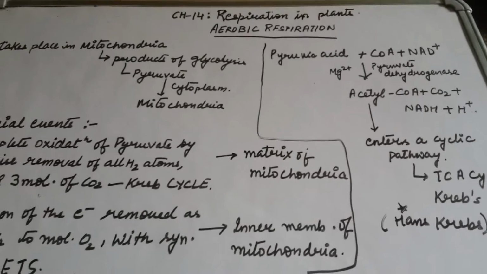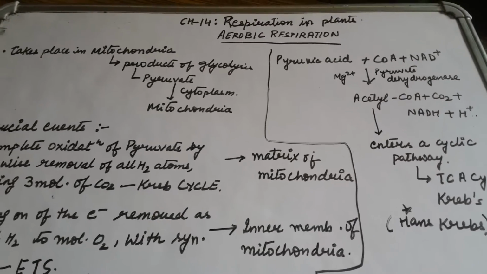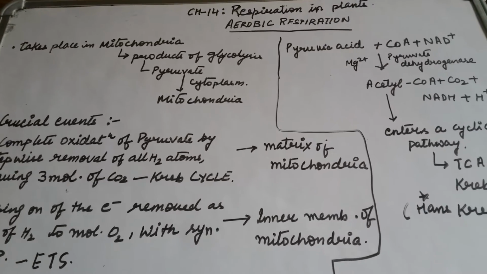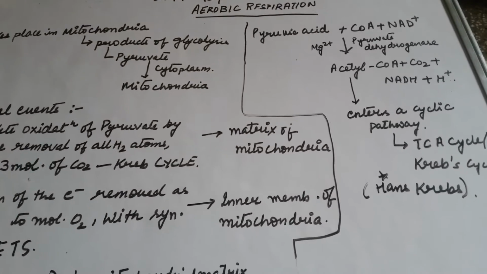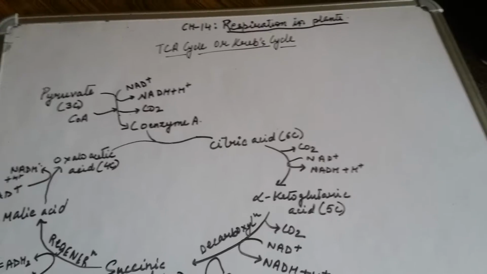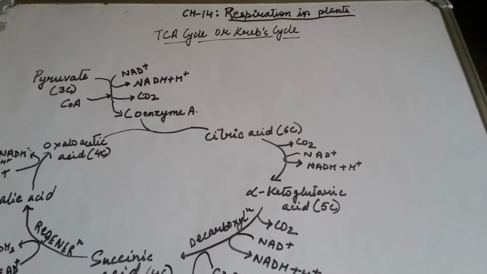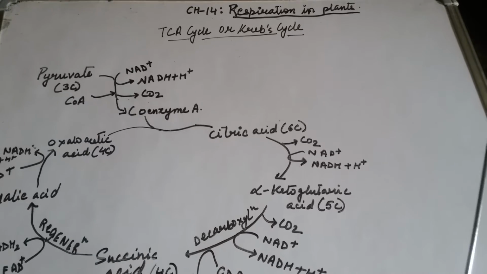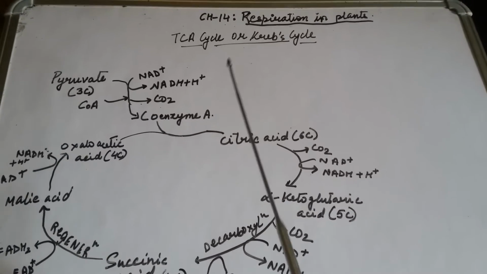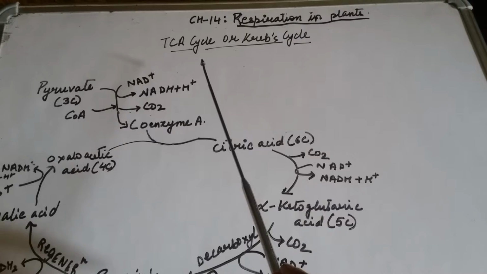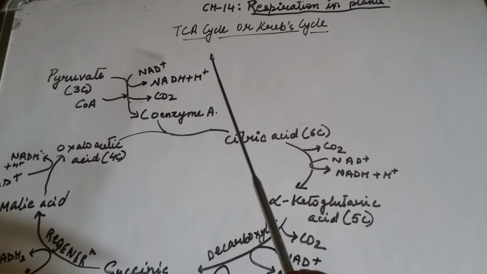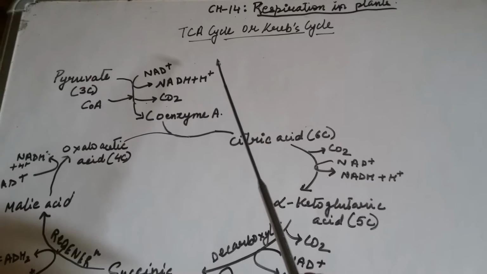Now we will go further towards the Krebs cycle or TCA cycle, that is the tricarboxylic acid cycle. As we have already discussed, the TCA cycle or Krebs cycle takes place in the matrix of mitochondria.